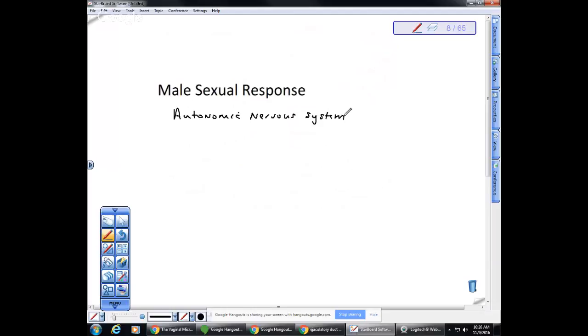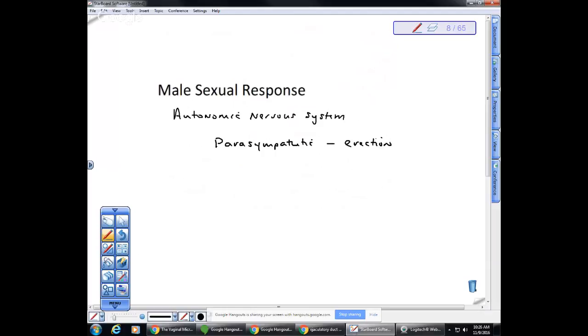So you can get a male erection, for example, without consciously being aware of it or actually causing it, right? And so we have then the parasympathetic nervous system is what leads to erection. So this one causes the erection.